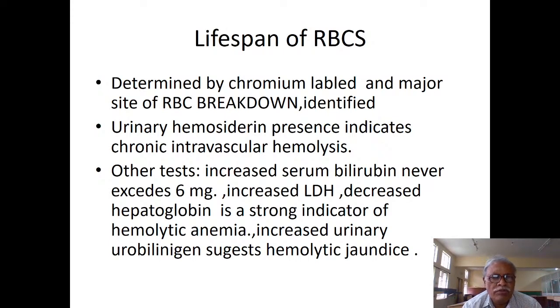That means it can be present in mechanical damage of the RBCs, in people who have prosthetic valves or who are undergoing hemodialysis. You can get hemosiderin in the urine.